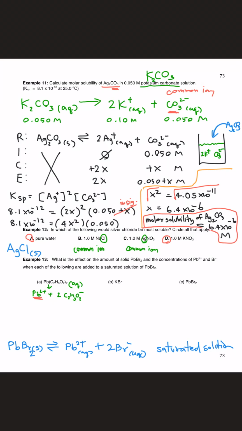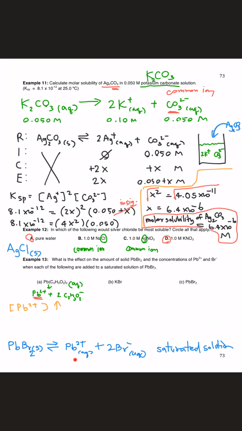Therefore, in this case, when you add the lead acetate, the concentration of this lead ion would increase. And because the concentration of lead ion increases, it disturbs the equilibrium. The reaction is not at equilibrium anymore. The reaction would shift according to the Le Chatelier principle to minimize this by shifting toward the reactant.